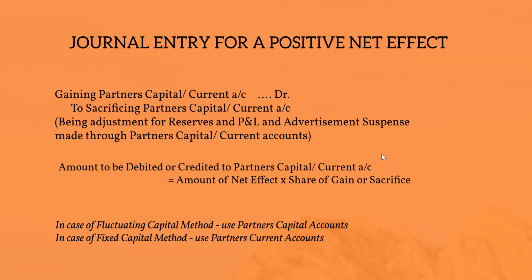Narration: being adjustment for reserves and P&L and advertisement suspense made through partners' capital or current accounts. Now, as we earlier saw, the partners' capital account is used in case of fluctuating capital method and partners' current account is used in the case of fixed capital method.